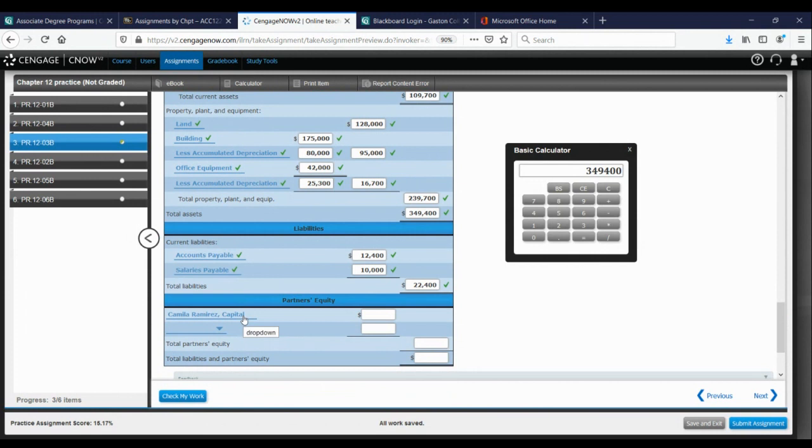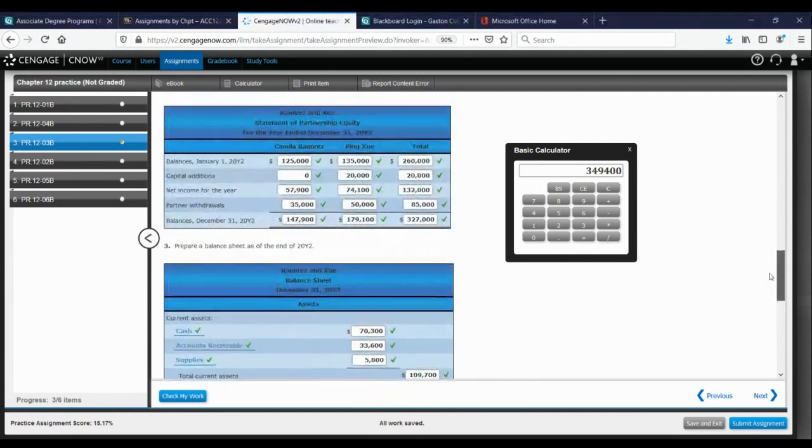What they want is the ending capital balance that comes from the statement of partnership equity. For Ramirez, the ending balance was $147,900.